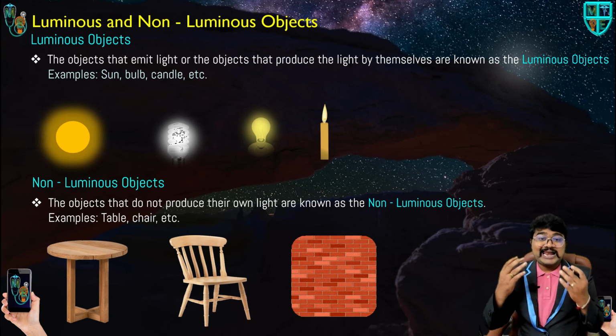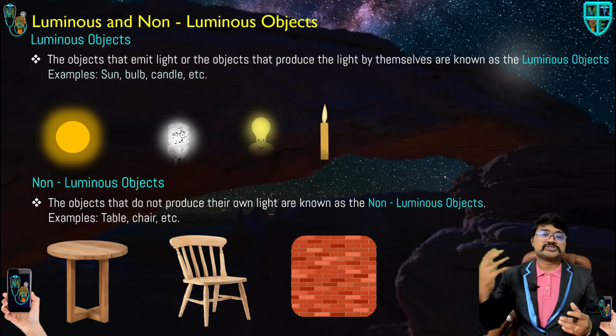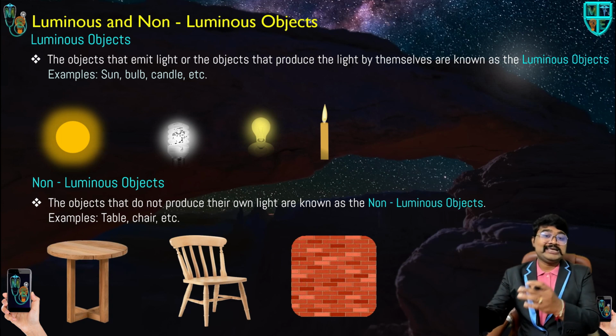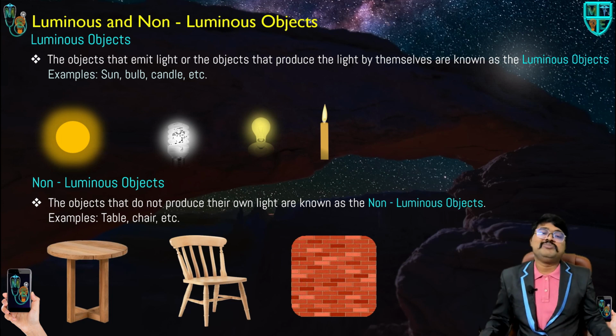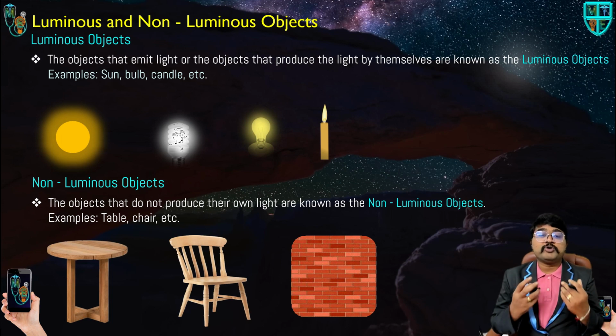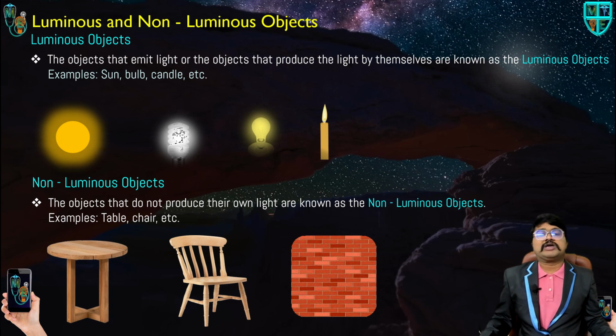Whenever light from a source, which is a luminous object, is incident on non-luminous objects, you are able to see these non-luminous objects. Understood now? These objects can't produce or emit light themselves. In this manner, we can classify the objects into two types, luminous and non-luminous objects.